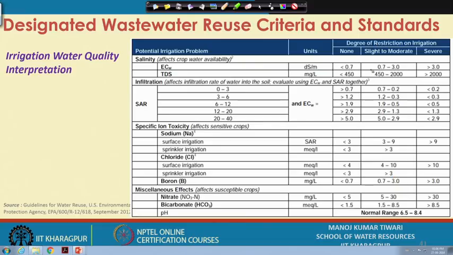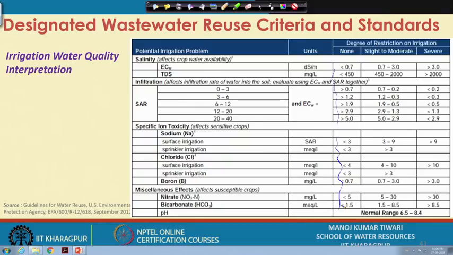If the quality is in this range, the water can be used without any restriction, anywhere. Salinity is less than 0.07, TDS less than 450, SAR, the sodium adsorption ratio, less than 3, chloride less than 4 milliequivalents per liter, nitrates less than 5, and bicarbonates less than 1.5. This water can be used anywhere without any issue.